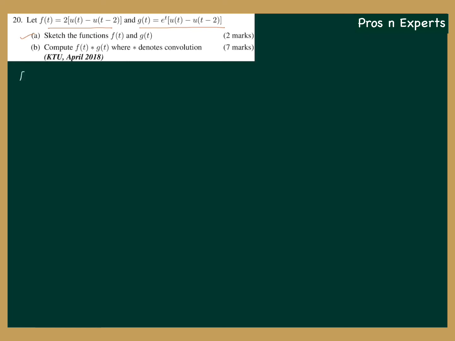So f of t, let me rewrite it, is 2 times something in the bracket, which is u of t minus u of t minus 2. Okay, so you plot u of t minus u of t minus 2, then multiply it by 2. It's very simple. So what is u of t?